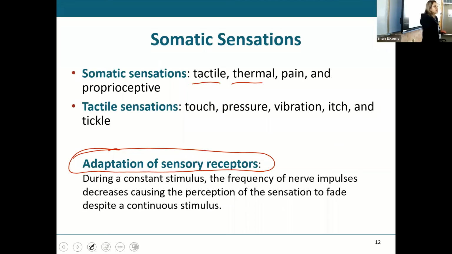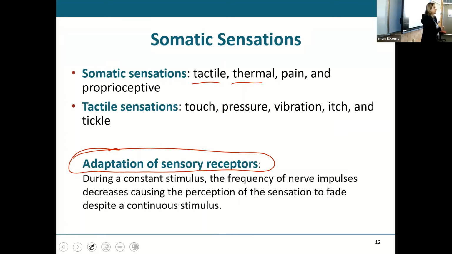Examples of this: some of us have chronic pain, right? Let's say something pops up on your body, like a little pimple that hurts, and it constantly hurts, and then after a day or two, you don't feel it anymore. Well, it's adapted.